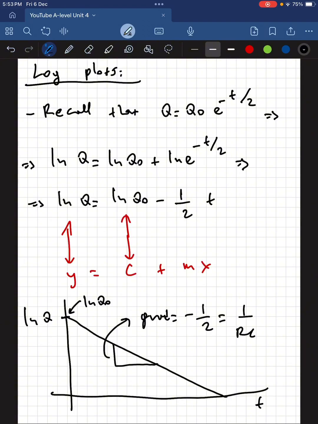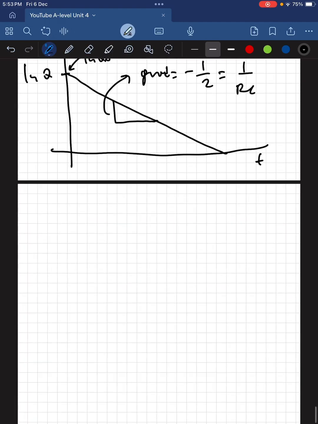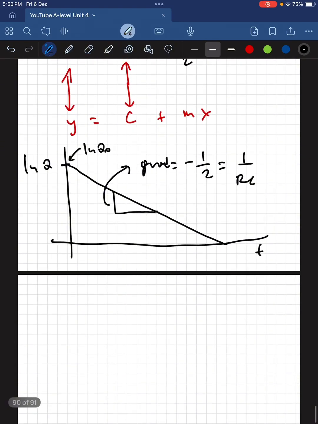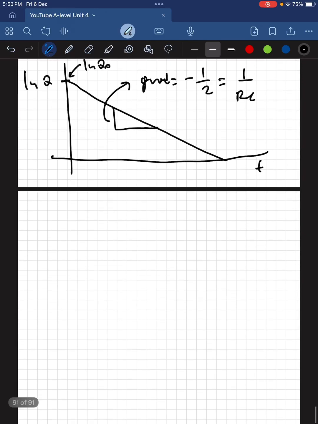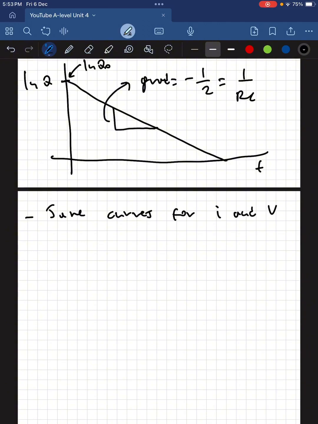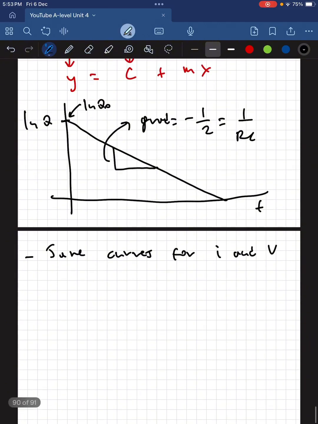I'm not going to plot the log curves for current and voltage because they will be the same. So same curves for I and V, except that wherever we have a ln of Q naught, we're going to have a ln of I naught, etc.